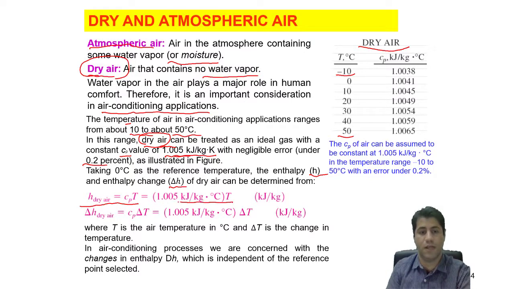Then simply we will have this equation to calculate the enthalpy for dry air in this temperature range. And the change in the enthalpy for dry air will be equal to Cp times delta T, where Cp is 1.005 based on our assumption.